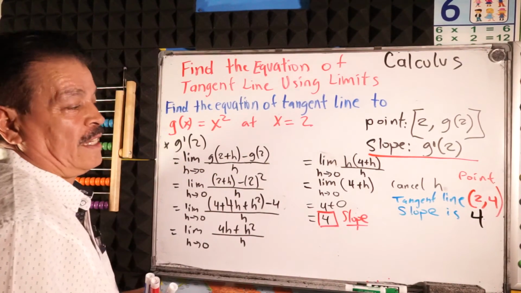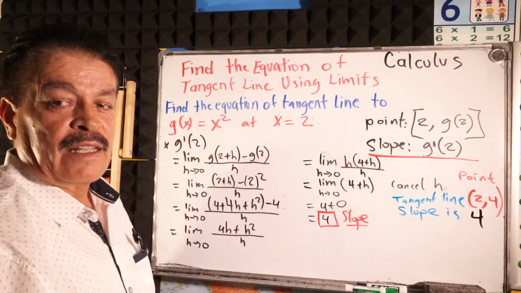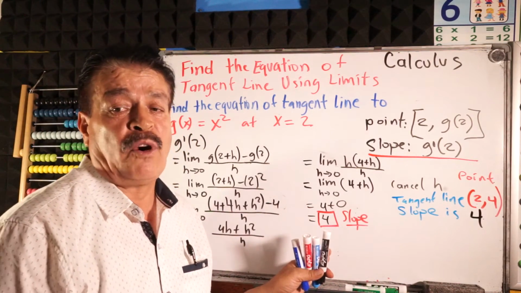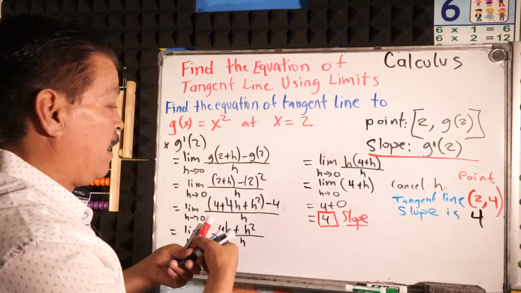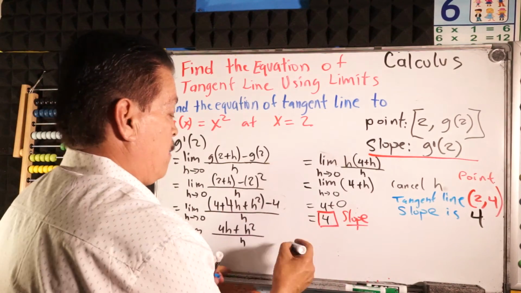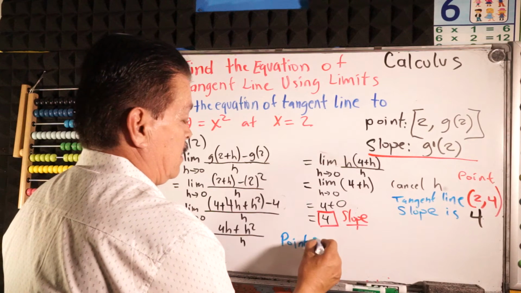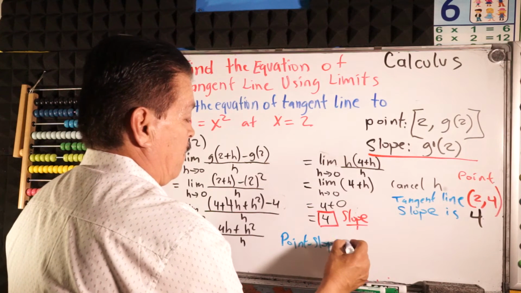It's 4, the slope of the tangent line. So you can use the point slope form. Remember, point slope form.